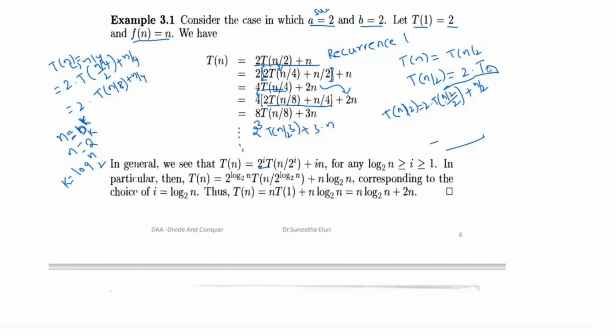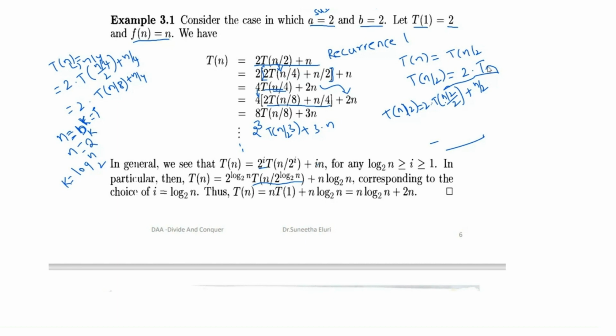So hence I can replace, here k is nothing but the i value. So replace this 2 power i: 2 power log n to the base 2 into T of n by 2 power log n to the base 2, plus n log n to the base 2.